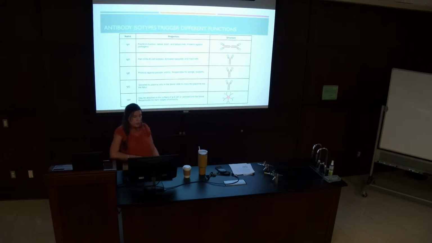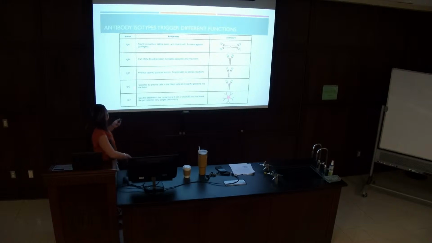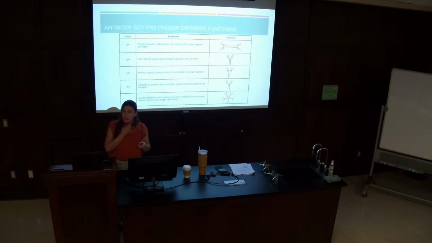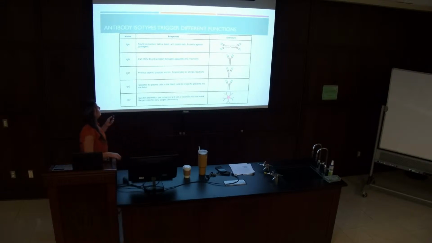When you see antibodies, you should know that we're talking about immunoglobulins. There are a lot of terms we're going to be using that essentially mean the same thing. Antibody isotypes and immunoglobulins all refer to the same thing, but the isotypes have different functions.